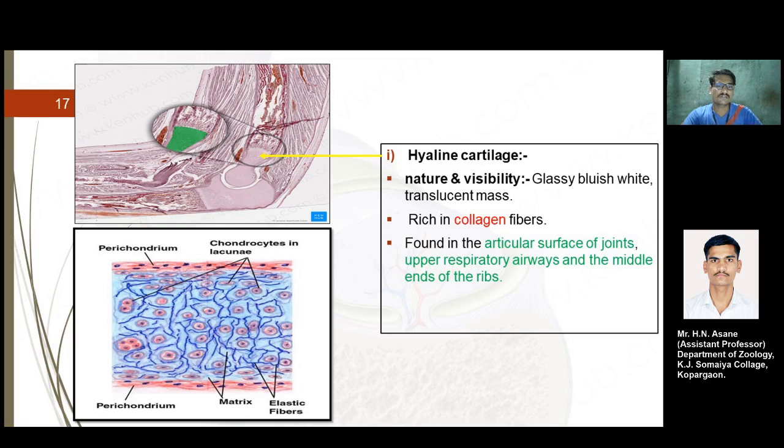You can also see the chondrocytes in the lacunae. Lacunae means the cells are compacted into one particular covering, and these chondrocytes are the cells of the hyaline cartilage.